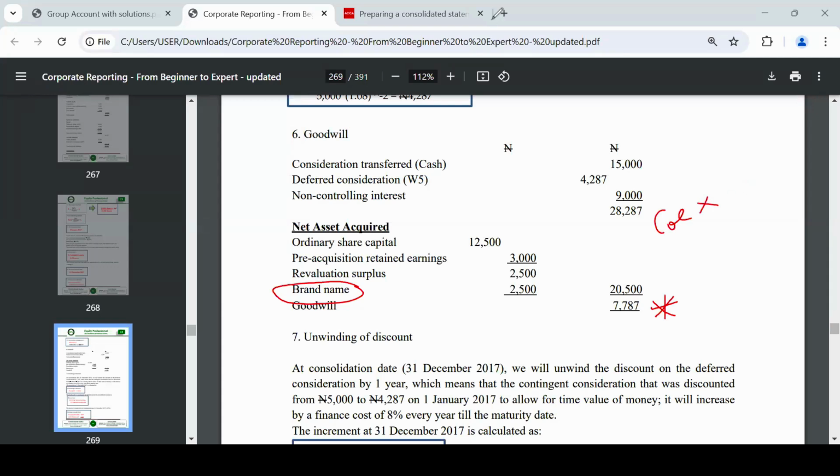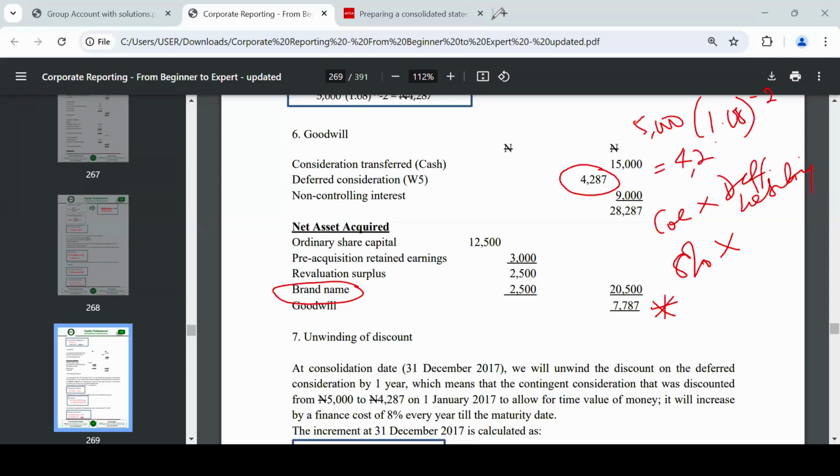So it is 8% multiplied by, when they did the calculation here, I'm sure if you do 5,000 times (1.08, because it is 1 plus 8%) raised to the power of -2, you would have an amount of 4,287.